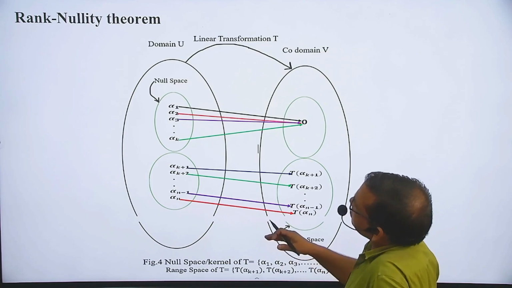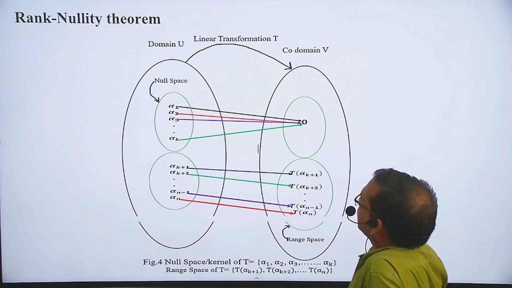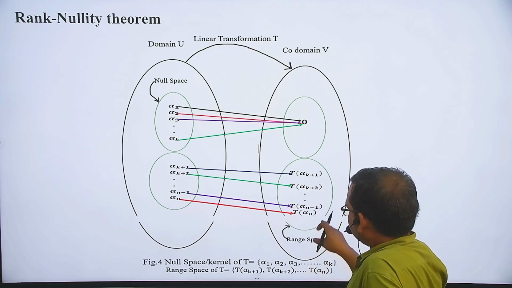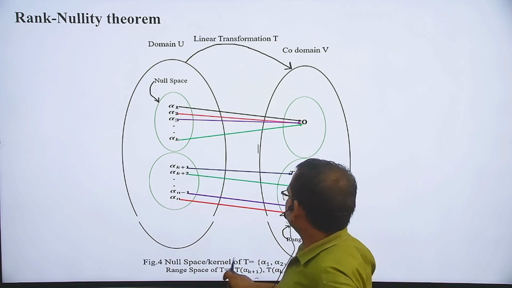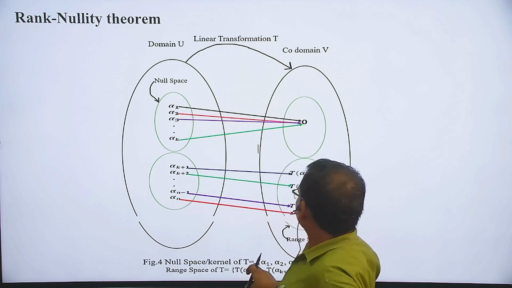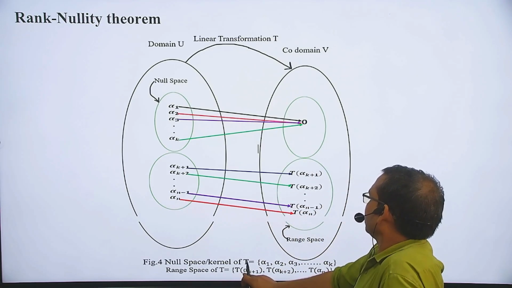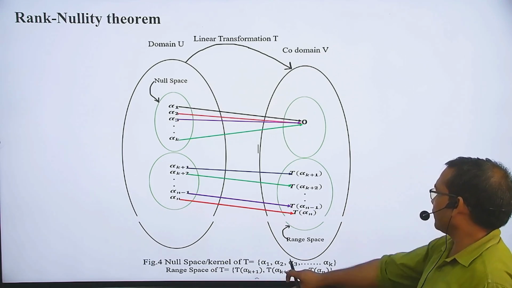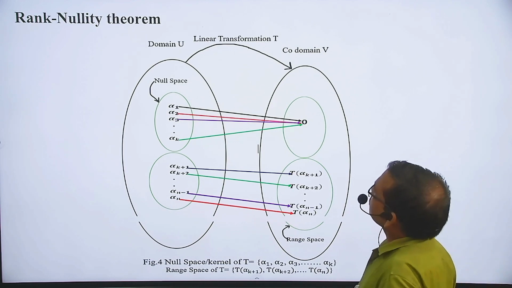So here the null space contains k elements and the range space has n minus k elements. So the null space, kernel of T, is equal to alpha 1, alpha 2, ..., alpha k, and the range space of T is equal to transformation of alpha k plus 1, transformation of alpha k plus 2, and so on, transformation of alpha n.